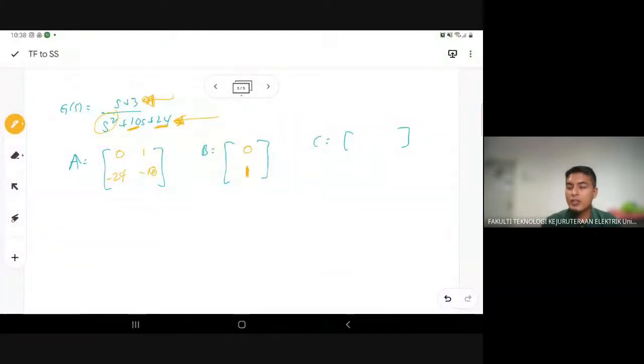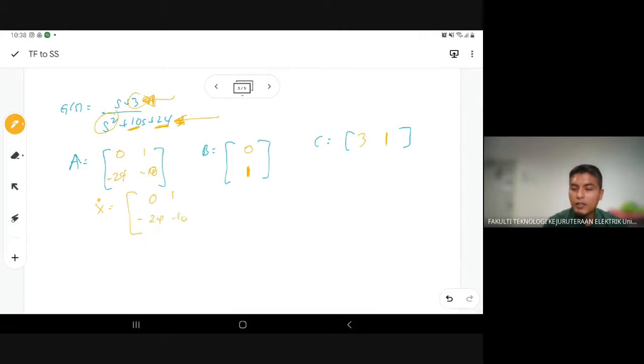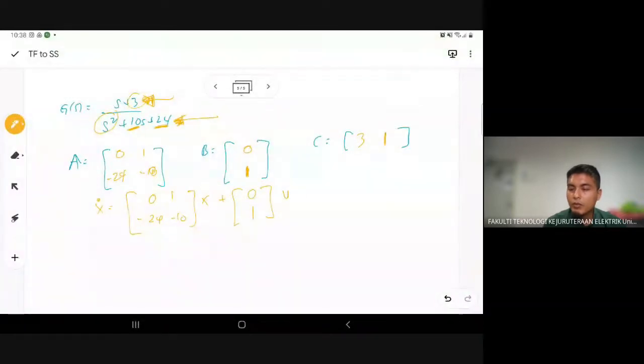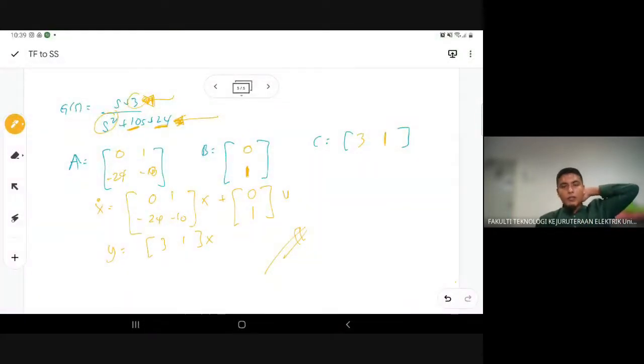However, you do not need to negate the numbers. You just take the raw numbers. The first number you see is 3, and next is 1. So finally, you obtain the state space: x dot equals 0, 1, negative 24, negative 10 times x, plus 0, 1 times u, and y equals 3, 1 times x. So this is how we convert the transfer function to the phase variable form.